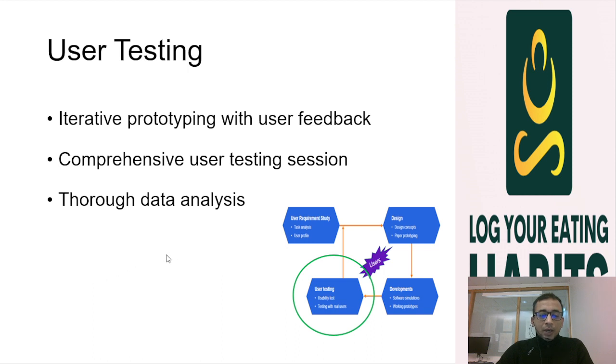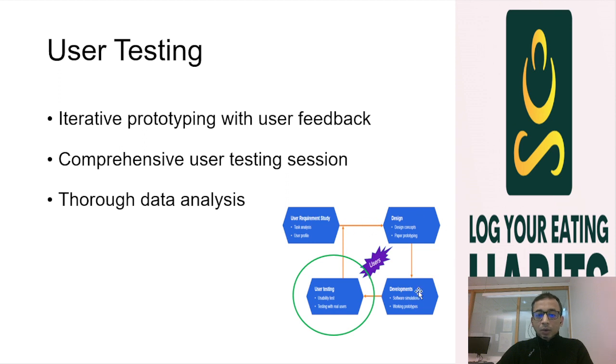As I say, each time we go through the prototype, each iteration, if I find any user feedback first, then I go to the design, and we go through paper prototyping if there are any necessary changes. Then we go to the development phase, and we change some simulation, and then again we go through user testing.